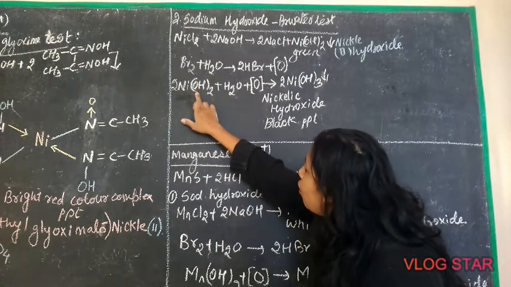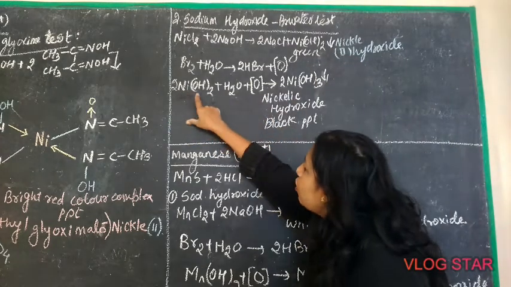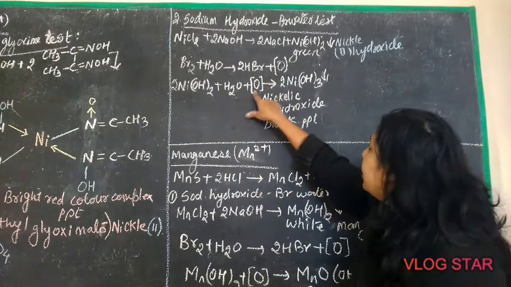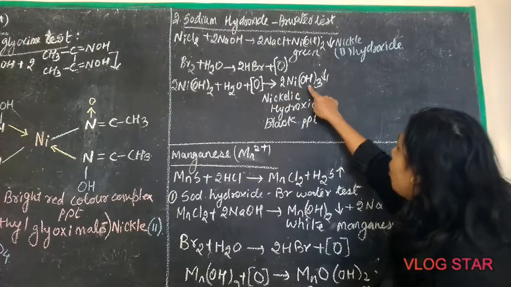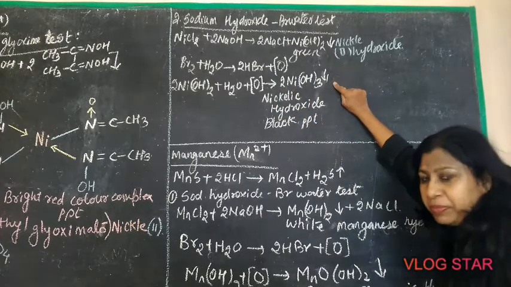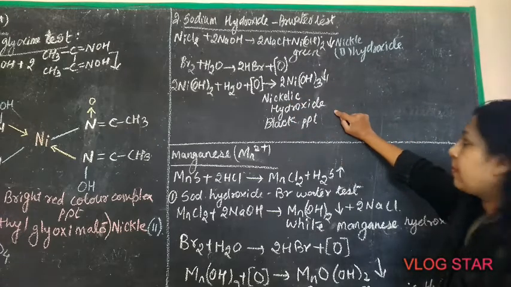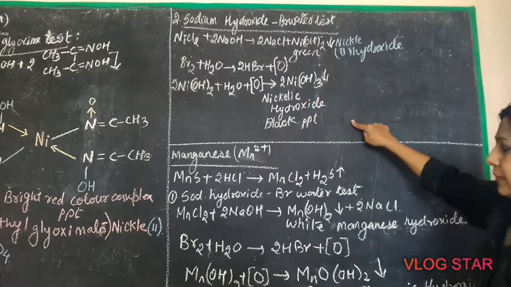Twice Ni(OH)2, this nickel 2 hydroxide, plus H2O plus this nascent oxygen gives 2Ni(OH)3. This is a black PPT. Name is nickelic hydroxide, Ni(OH)3.